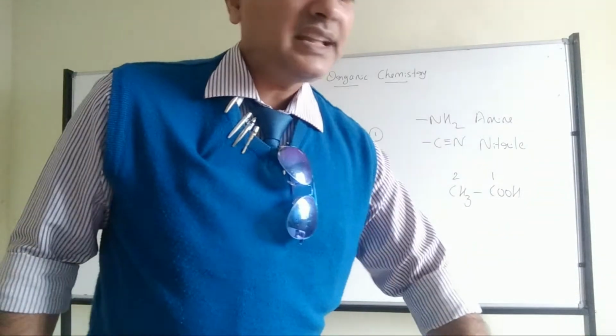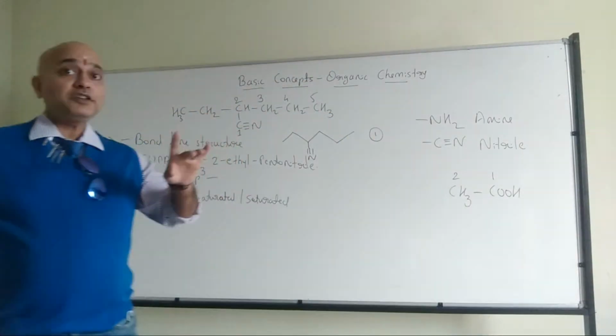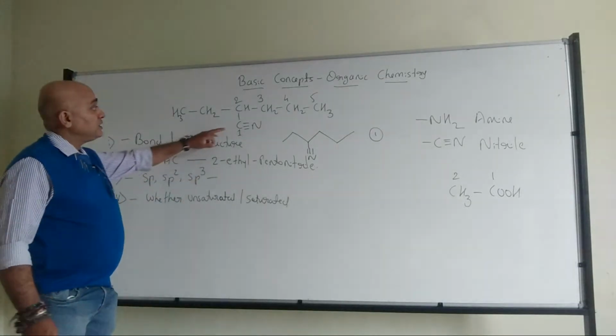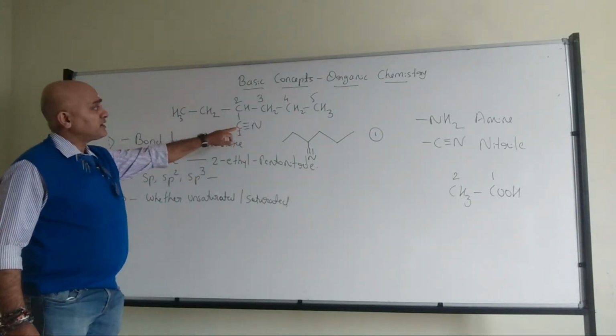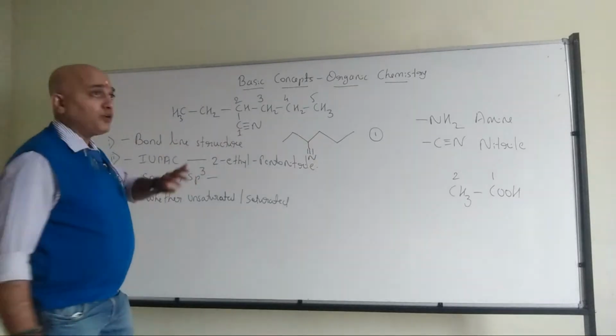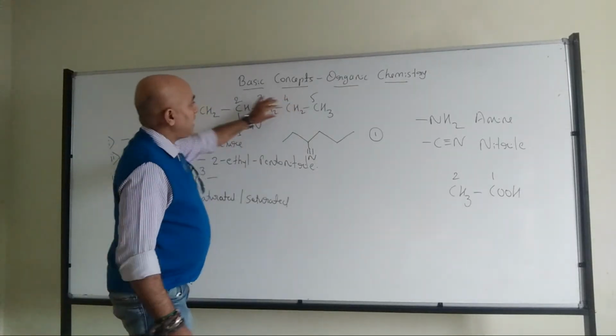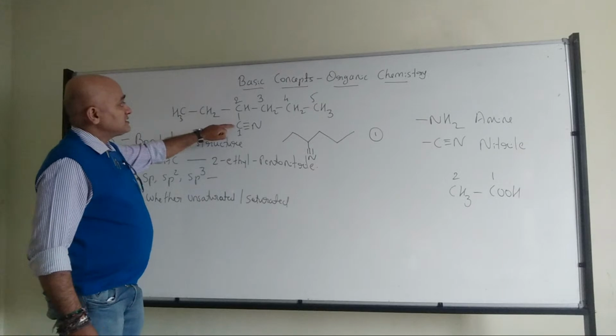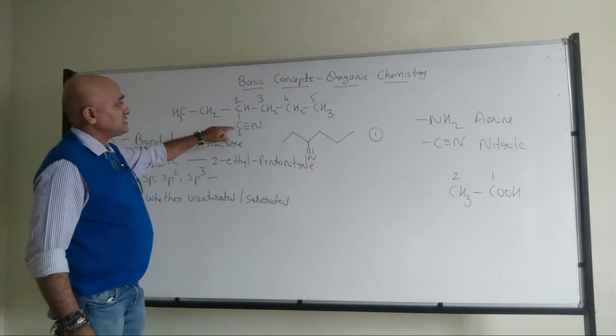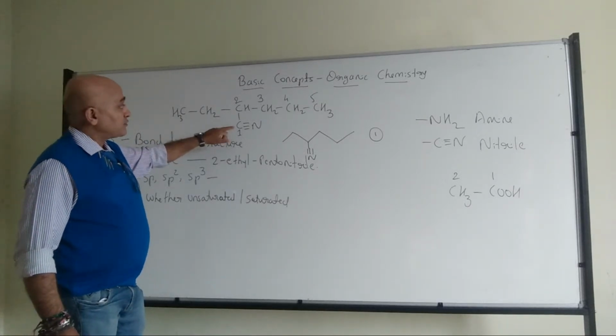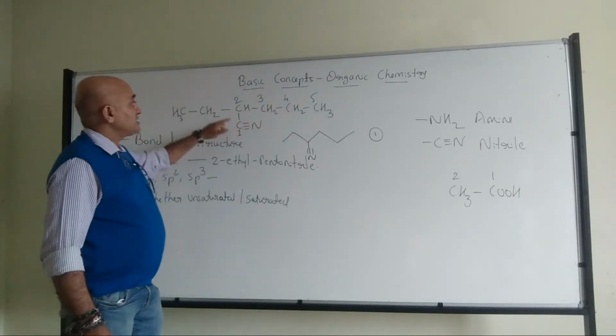When you are selecting the parental chain, please remember you should consider this carbon; preference should be given to this. I know this has the longest carbon chain, but since the functional group is here, we should give this carbon preference. So from here, what will be the longest chain?